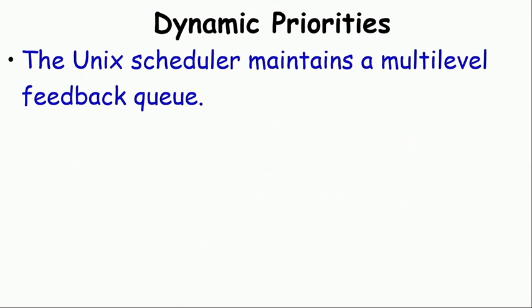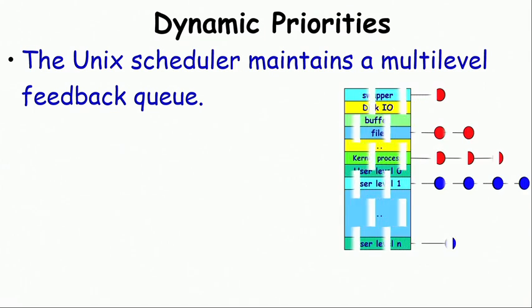Now, let us look at the second issue, which is the dynamic priority levels. The Unix scheduler uses a multi-level feedback queue. It divides the tasks into several priority ranges, and for each range it maintains a separate queue.